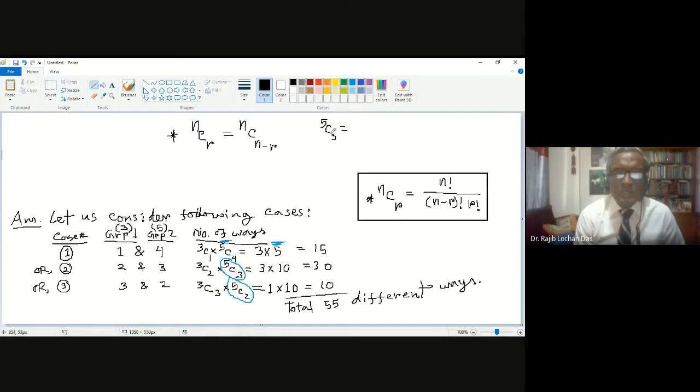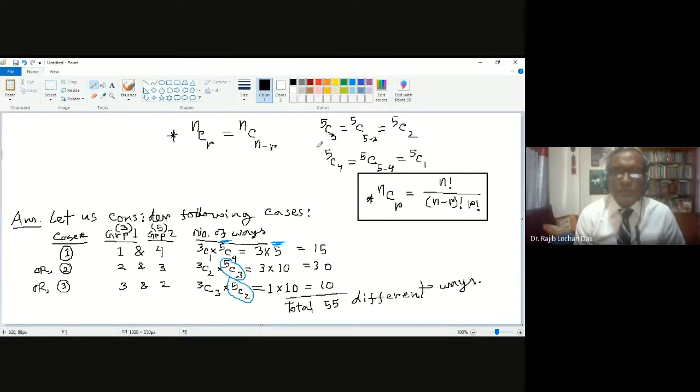This will give you the fact that 5C3 is actually 5C 5 minus 3. So 5 minus 3 is actually 5C2. So there will be the same answer. So if you think about 5C4, then it will be same like 5C 5 minus 4. So 5C 5 minus 4 is actually 5C1.